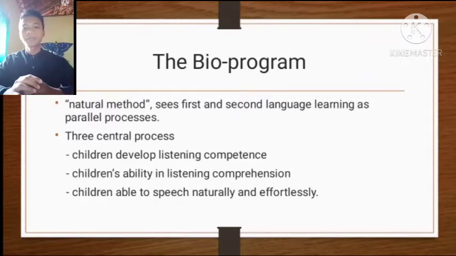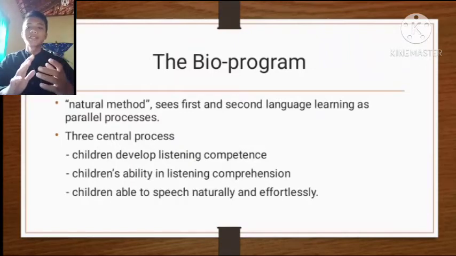And second point, three central processes. Children develop listening competency. Children's ability in listening comprehension. Children are able to speak naturally and effortlessly.